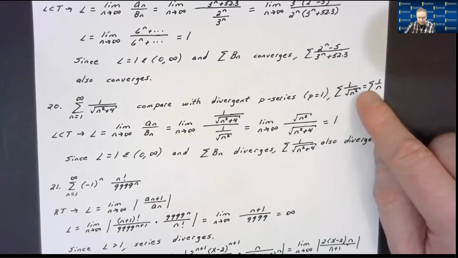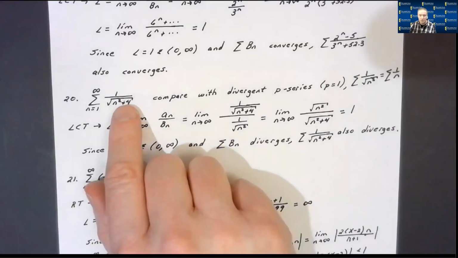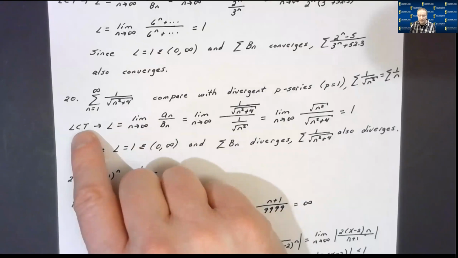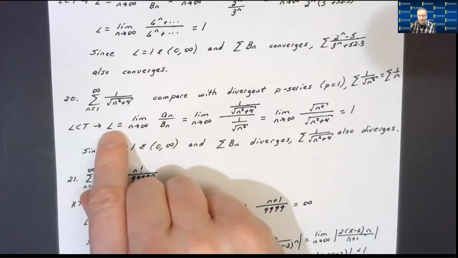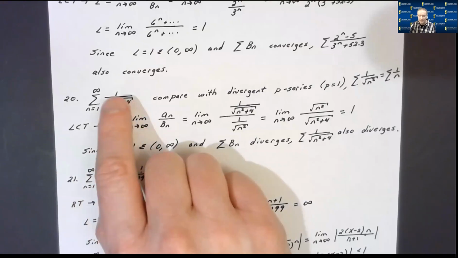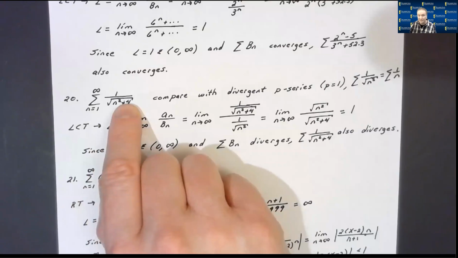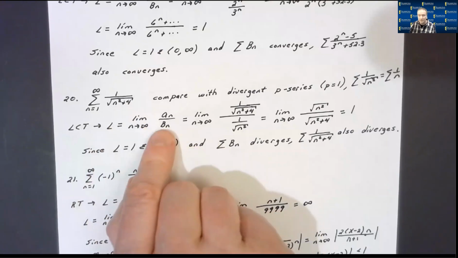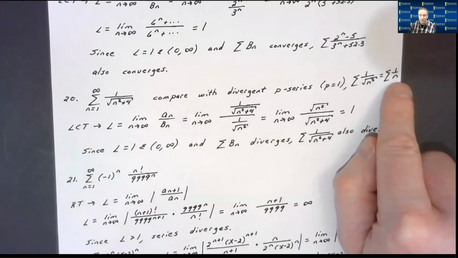Now, whenever I'm trying to compare that with the one in question here, the limit comparison test tells me to take the limit as n approaches infinity of the general term of the series I don't know, divided by the general term of the series I do know.